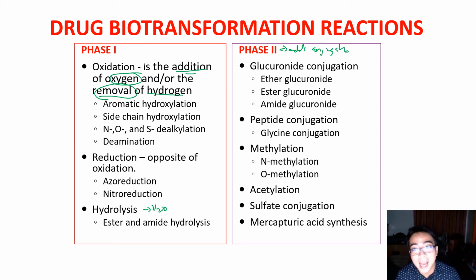Wherein we have here, class, glucuronide, peptide, methylation, acetylation, sulfation or sulfate conjugation, and mercapturic acid synthesis. All of which, class, again, will just simply produce a compound to attach to your drug product, making it more water-soluble, less active, less toxic. Okay, and these are just the examples.